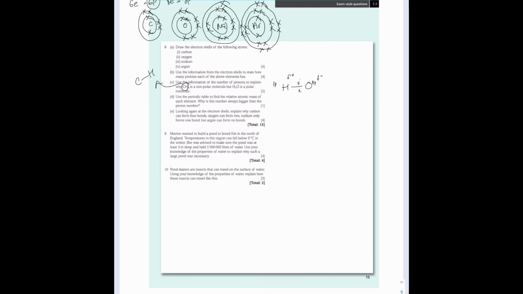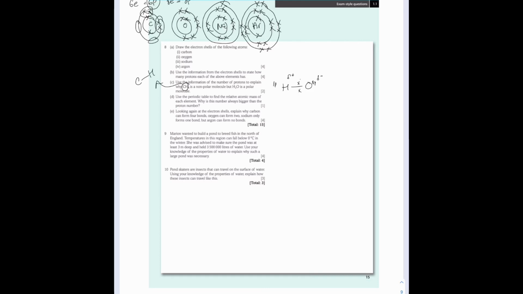But the number of bonds is determined by the electrons that would need to be gained or lost to form a full outer shell. So carbon requires 4 extra electrons to fill out its shell, and therefore can form 4 bonds because it has 2, 4, so it would require 4 more. And oxygen requires 2 more electrons to fill out the outer shell because it currently has 6.